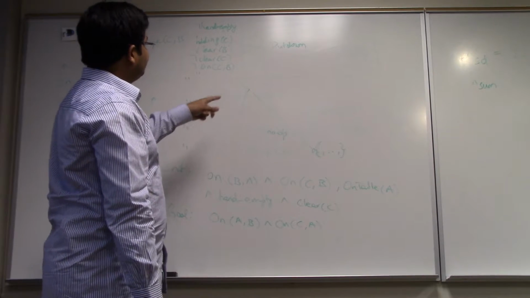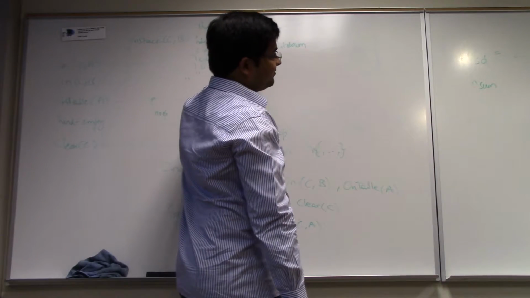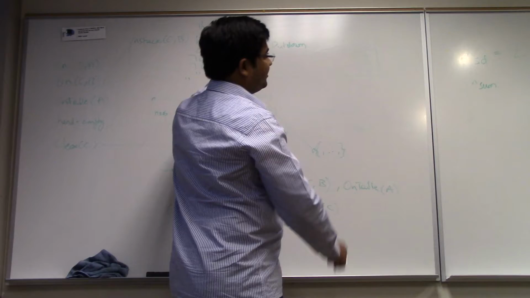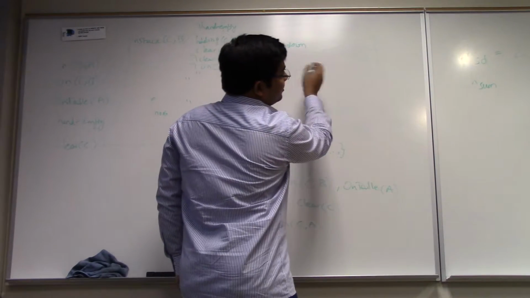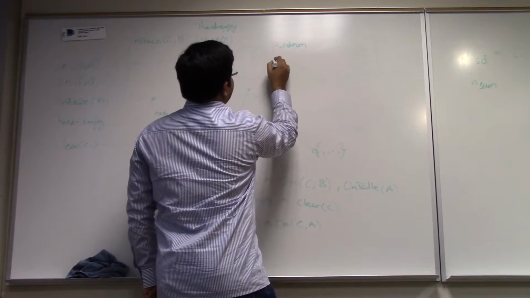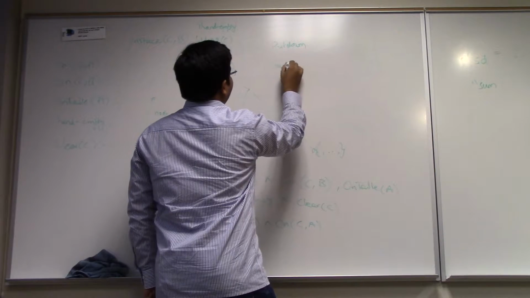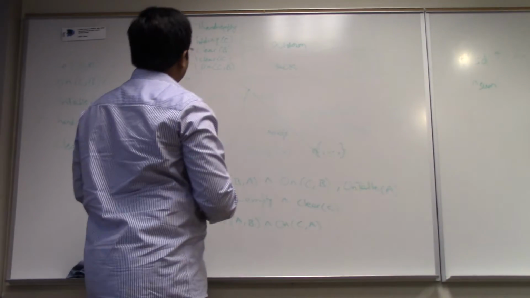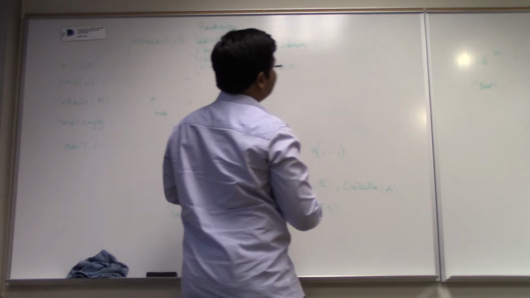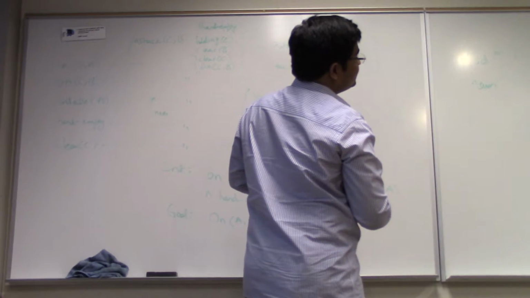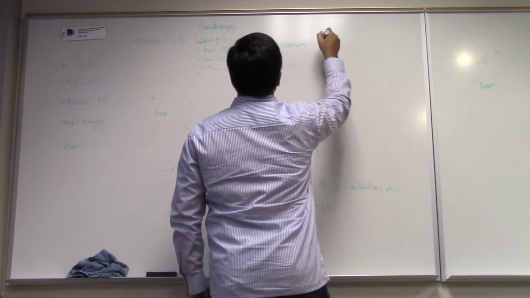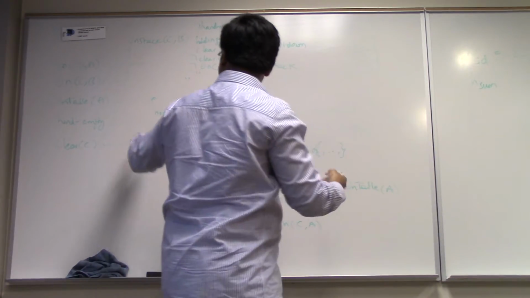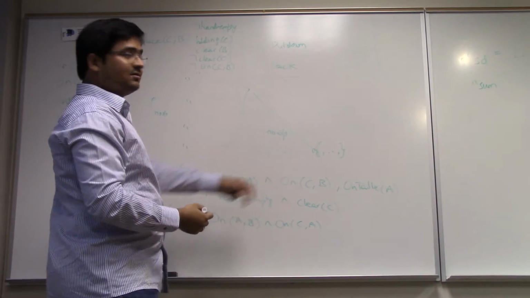And the new ones are from these actions, which is put down and stack, right? This one. And what does put down do? It gives us hand empty, which is already there, right? Is already there.